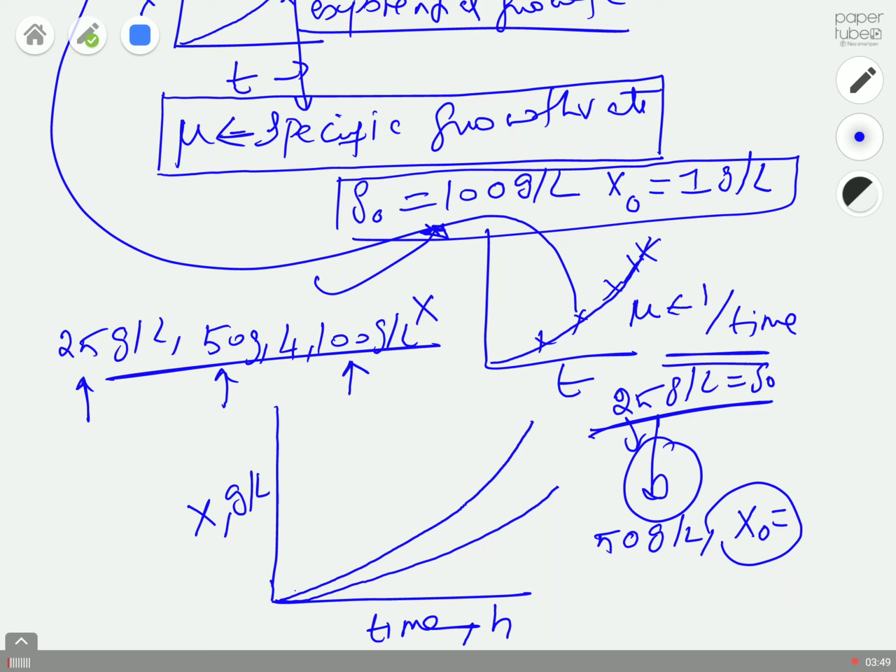It will still retain the exponential trend, but if I draw a line here, you see one microbial concentration is slightly lower and the other is slightly higher. So the rate of replication of your microorganisms or cells per unit time is faster when you increase your initial substrate concentration.